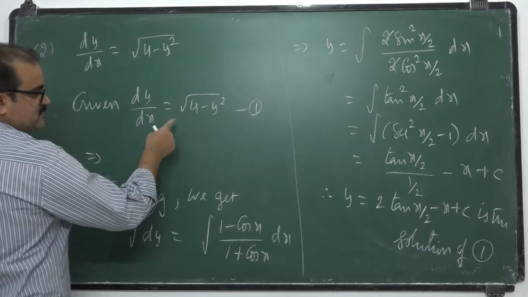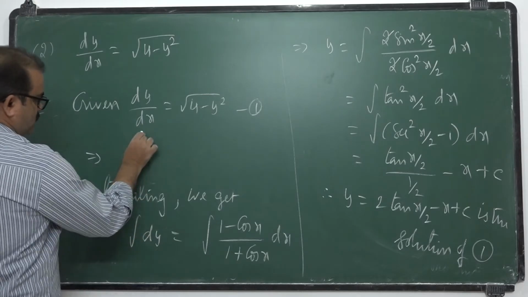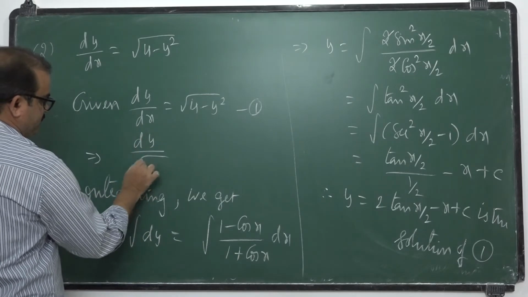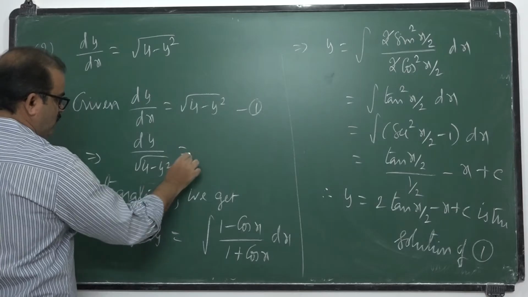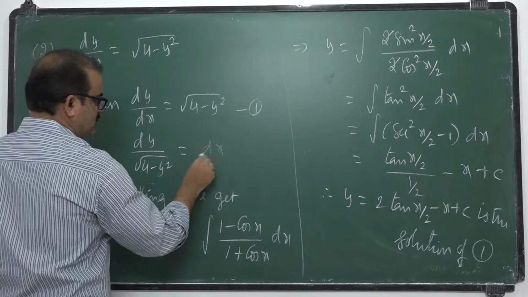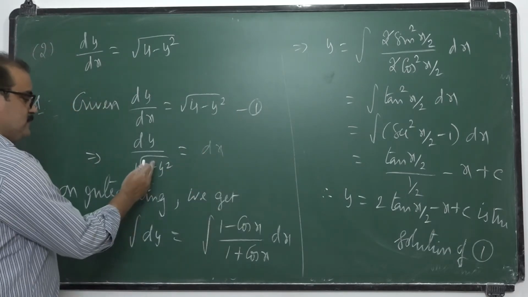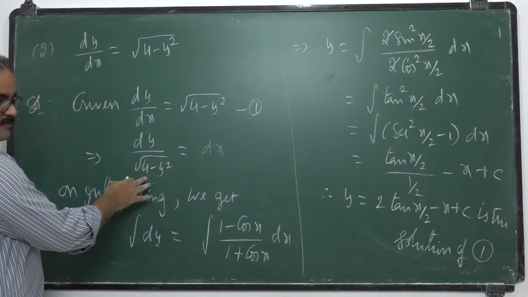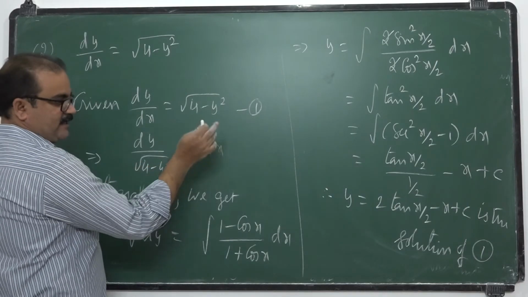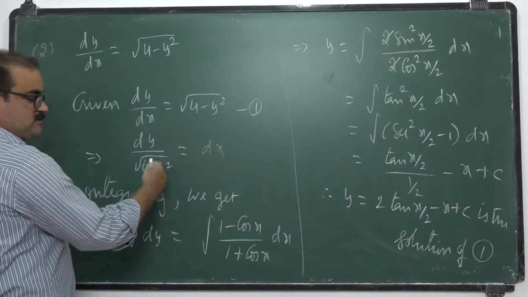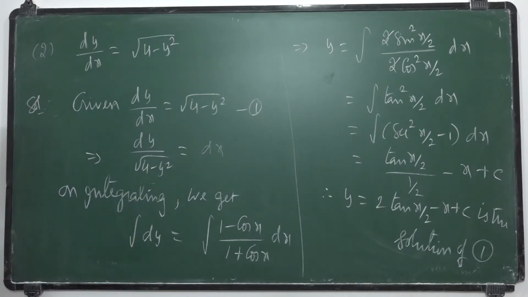If possible, separate x and y. We write it as dy by root 4 minus y square is equal to dx. See here, LHS containing y, RHS containing x. Here the variables x and y are separated.